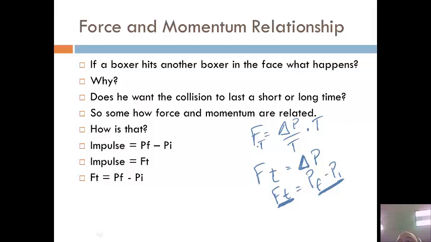So by doing that, they are really changing the momentum of that person's face. If it was standing still and they hit with a certain amount of force, then if they can increase the time, the force times time is going to be much larger, which is going to increase the change in momentum, which is going to make that person's head rock back pretty drastically.